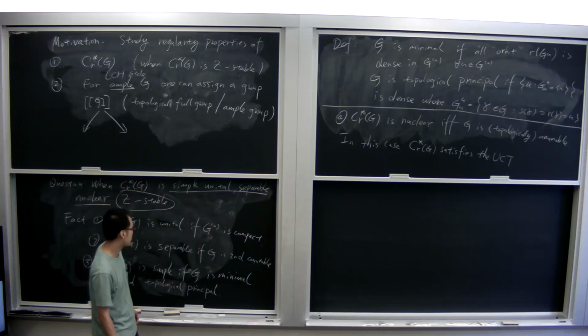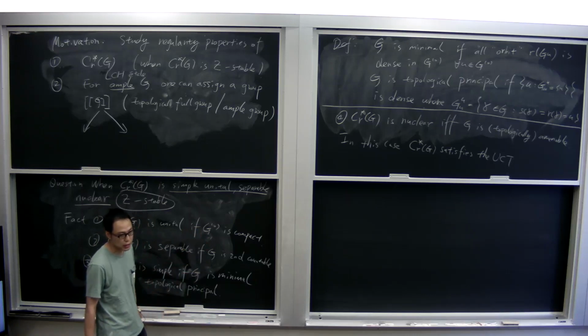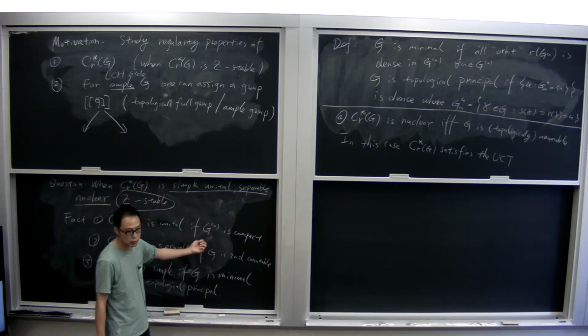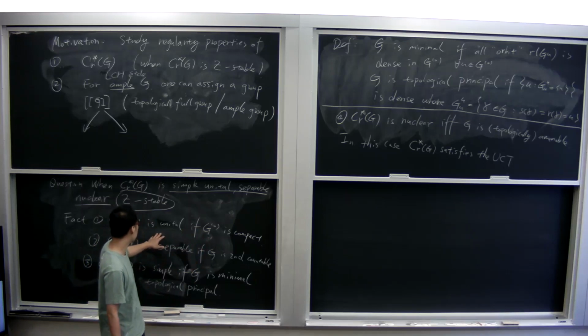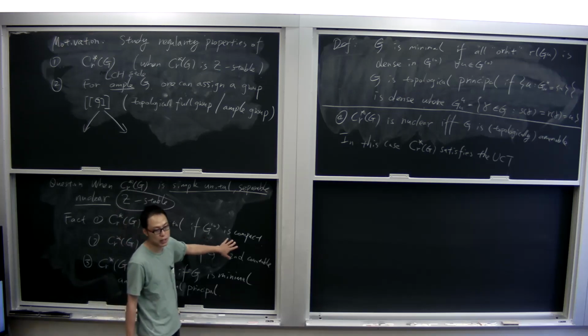But actually, for our job, maybe we need the underlying space to be compact. For the locally compact case, I don't think we have a way to deal with it. What I mean is that if the C*-algebra is not unital, in the case that your underlying space is just locally compact instead of compact.